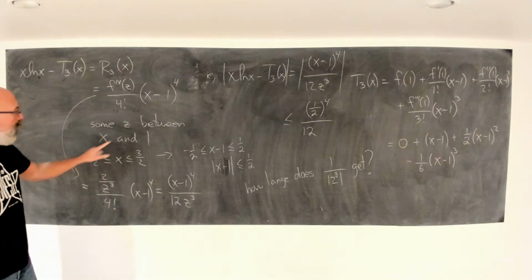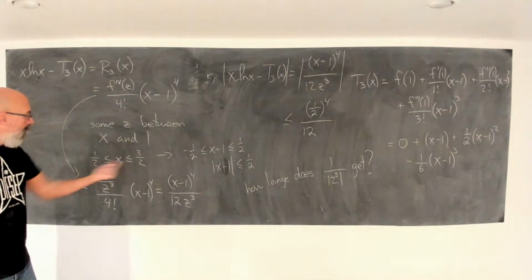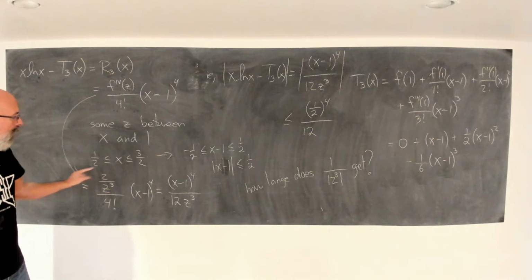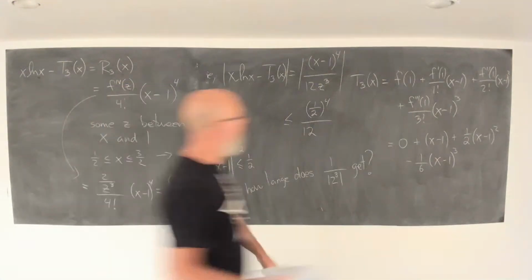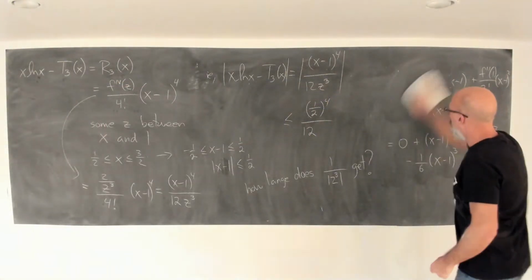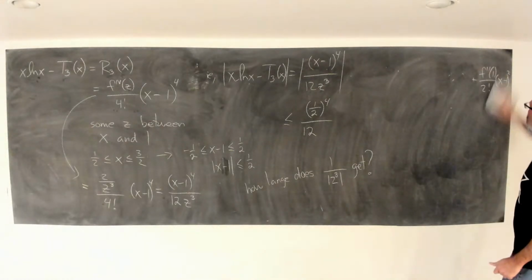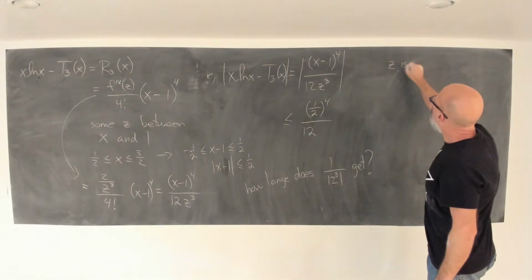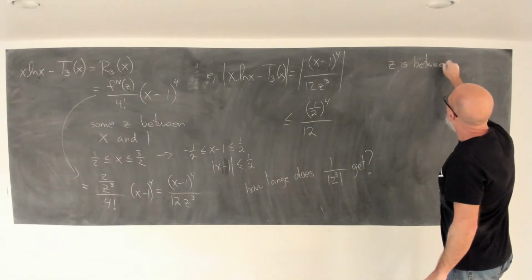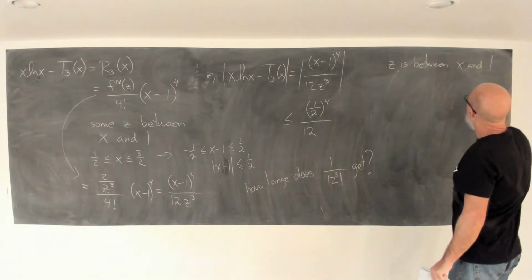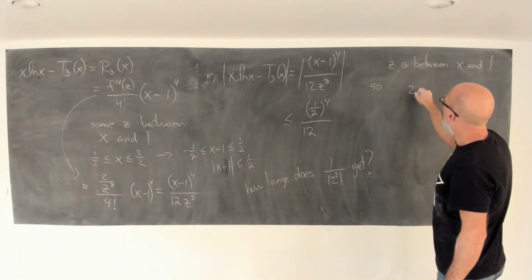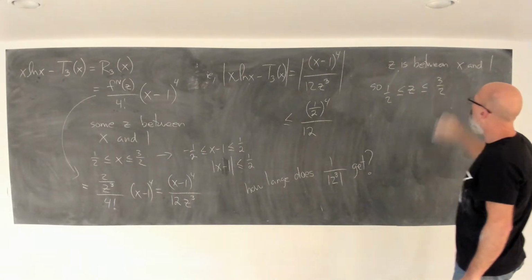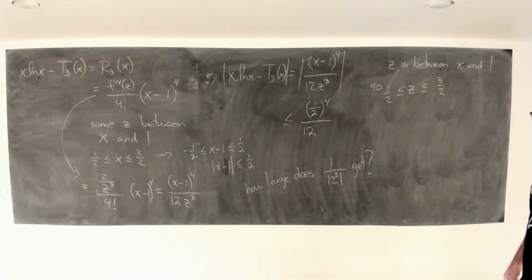z is some number between x and 1. So z lives in this interval. So z has to be in this interval as well.